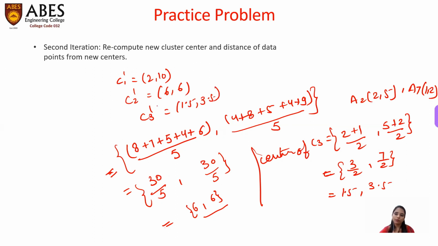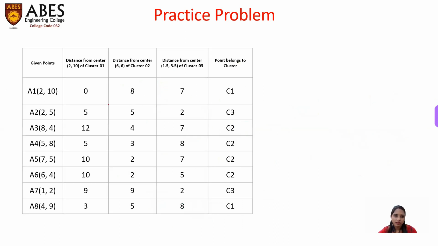Now we will recompute the distance of all 8 data points with these new cluster centers. So in result, we will get the result like this. The new cluster centers are 2, 10, 6, 6, 1.5, 3.5. Again, we will calculate the distance by using the distance formula, and then we will reassign our data points.